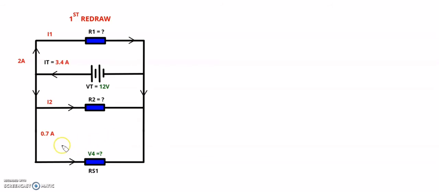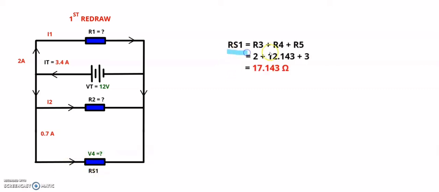Here we can see that those three resistors have now become RS1, so we need to calculate that. RS1 is equal to R3 plus R4 plus R5, which gives me 17.143 ohms for that specific resistor, the series resistor.